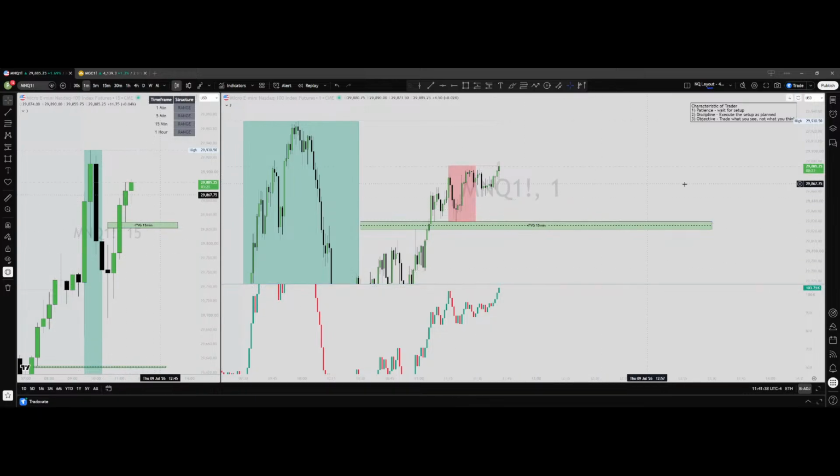I feel that price has already slowed down a bit. A lot of wicks are coming in. This fair value gap is still open. It will take a while for price to come down.